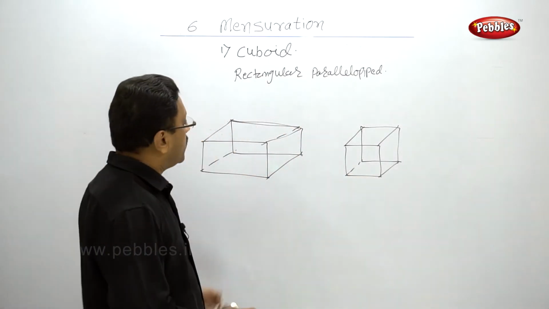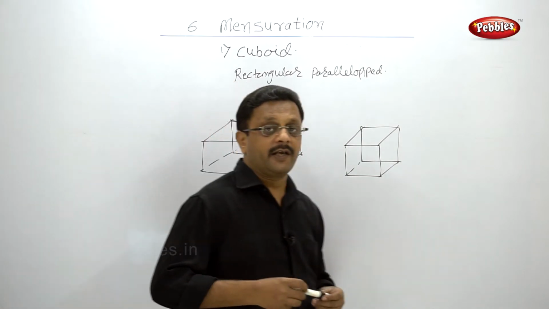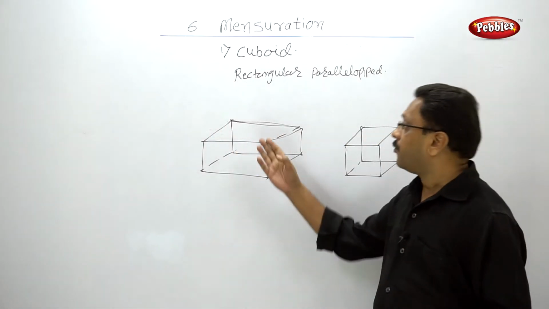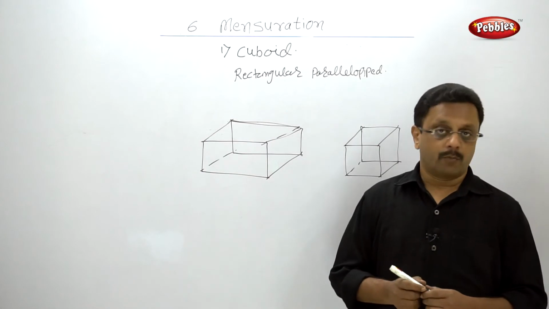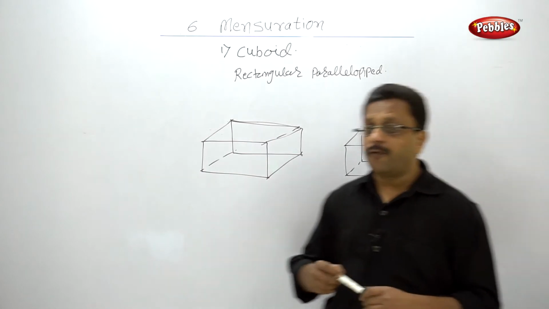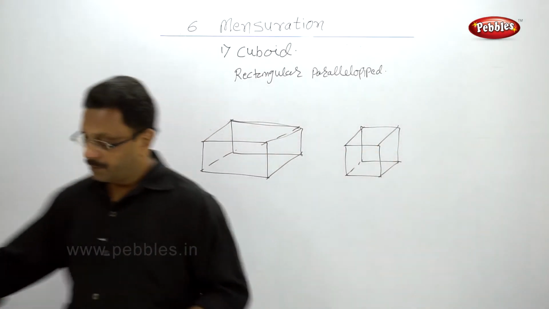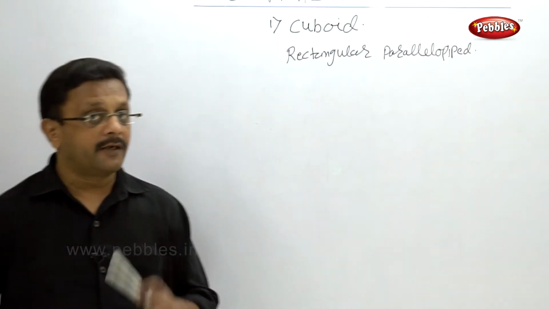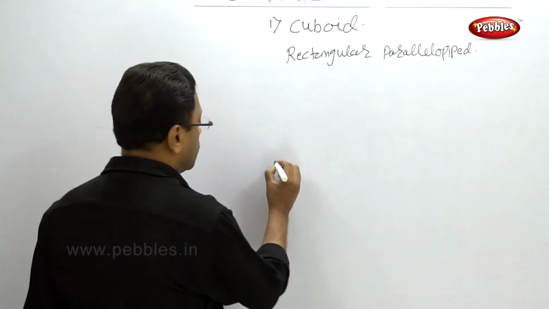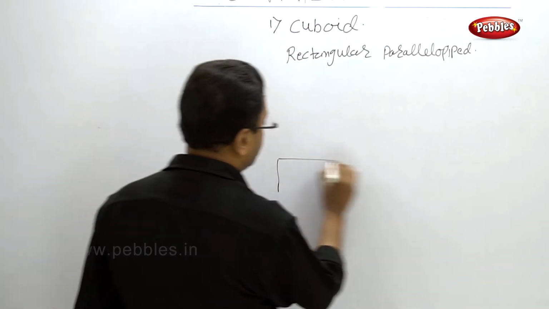So let us find out the surface area and volume for cube and cuboid. Let us see the formulas for this. Now let us interpret the figure first. Suppose this is a rectangle.